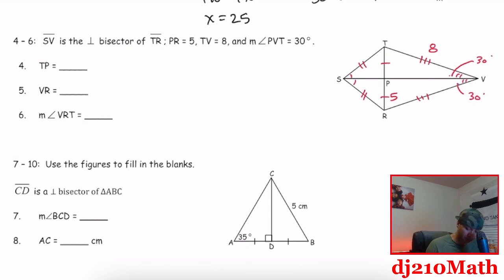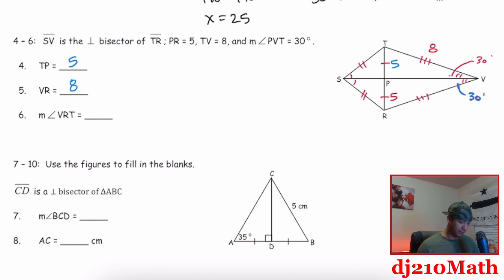Everything in blue is what we deduced, like we figured it out based on facts and logic. So TP is also 5 because they're congruent. VR is also 8 because it's congruent to TV.